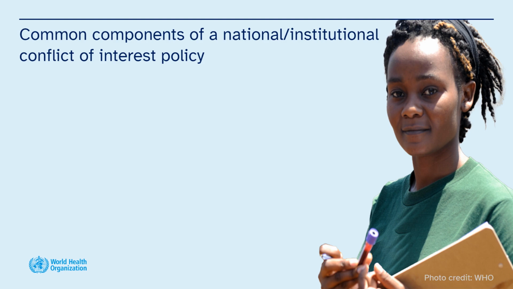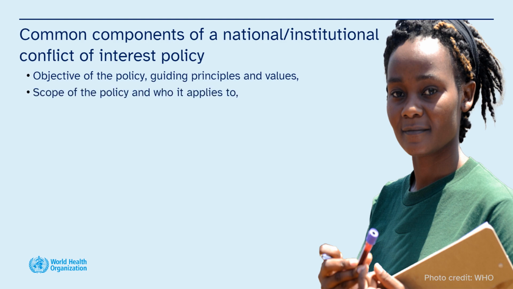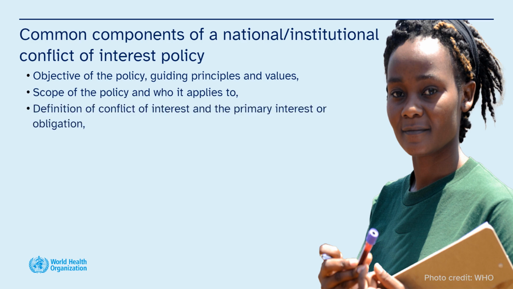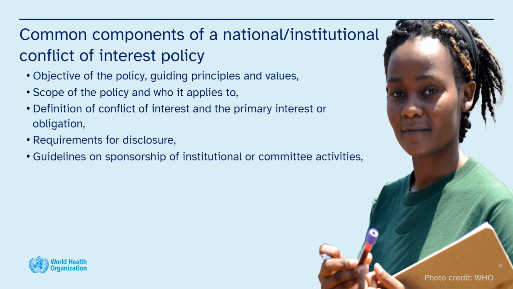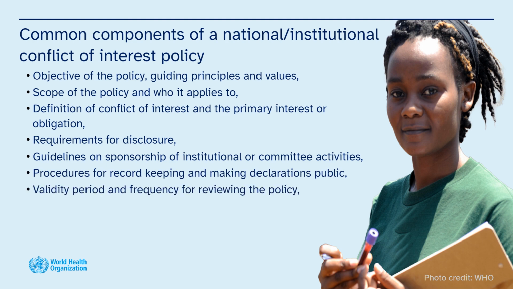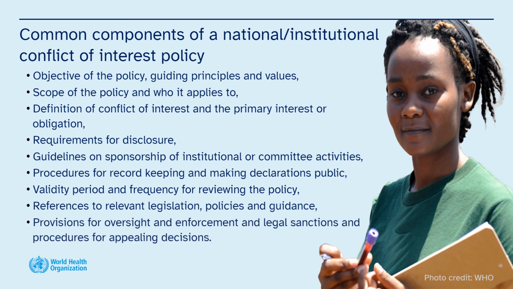Let's look at some common components of a conflict of interest policy. These may include the objective of the policy and the guiding principles and values, the scope of the policy and who it applies to, an agreed definition of conflict of interest and the primary interest or obligation, requirements for disclosure, guidelines on sponsorship of institutional or committee activities, procedures for record-keeping and making declarations public, the validity period and frequency for reviewing the policy, references to relevant legislation, policies, and guidance, provisions for oversight and enforcement, legal sanctions, and procedures for appealing decisions.